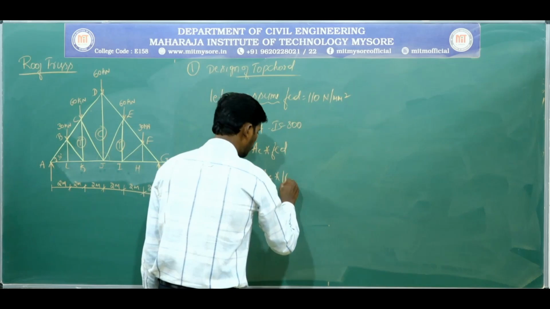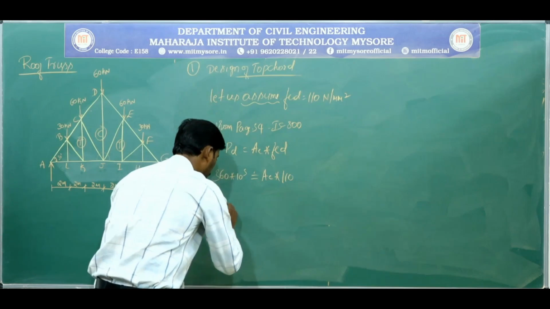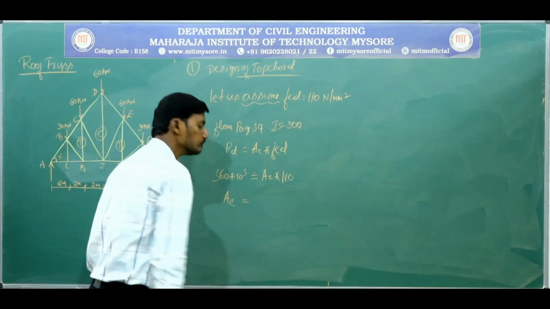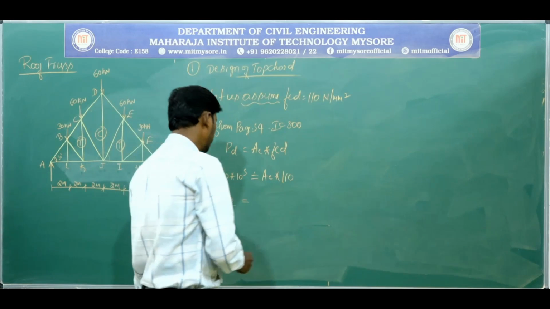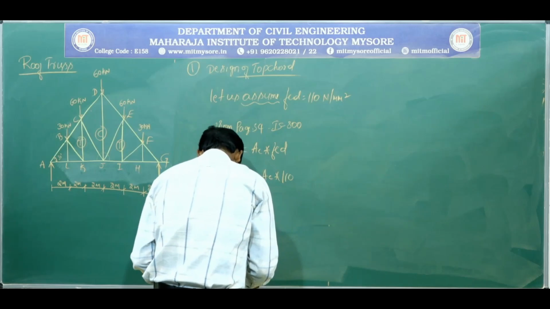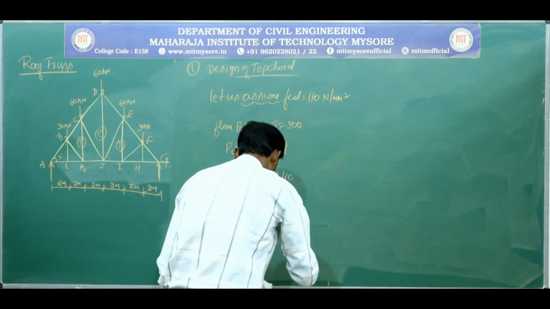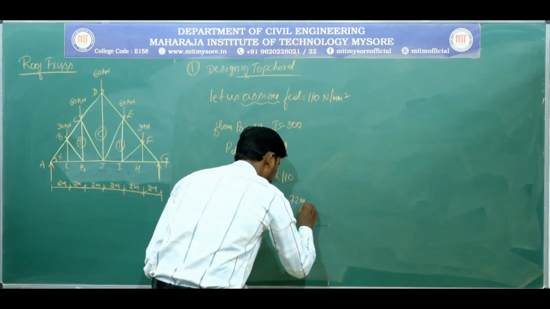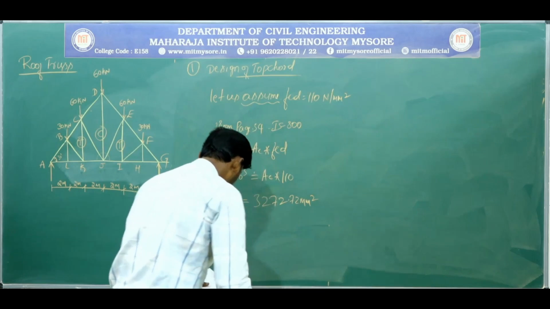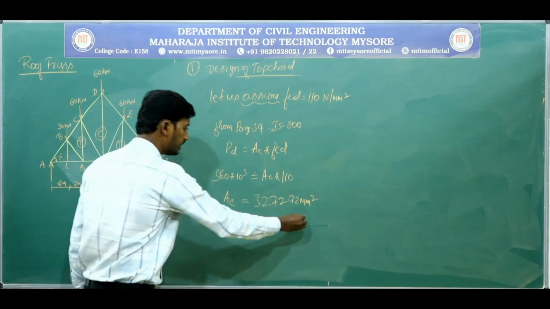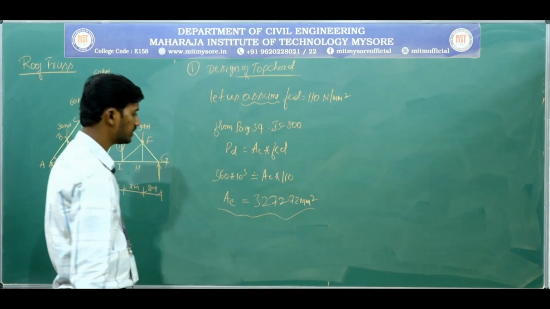We just assumed 110. So what would be the effective area? Effective area will be equal to 3272.72 mm square.